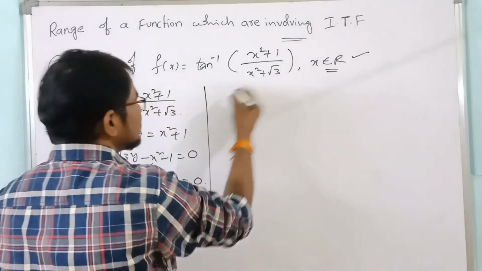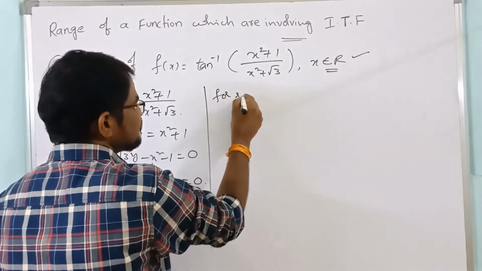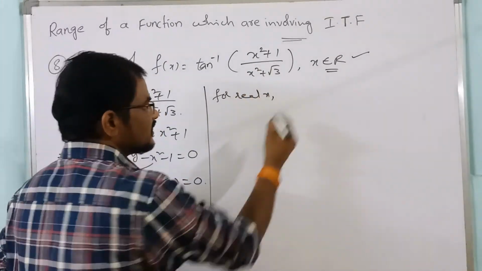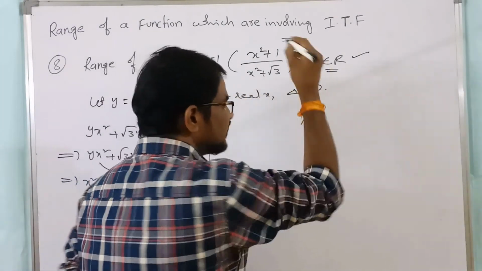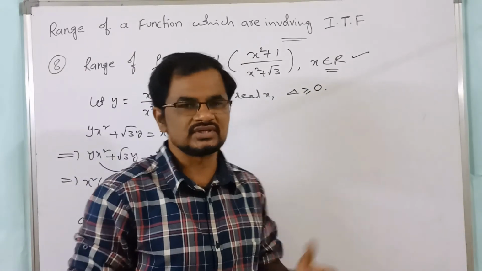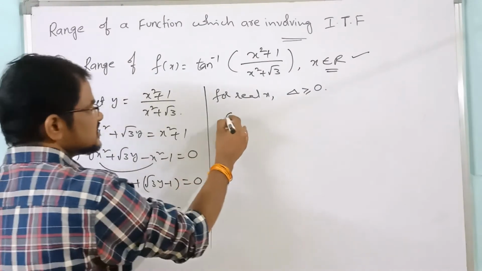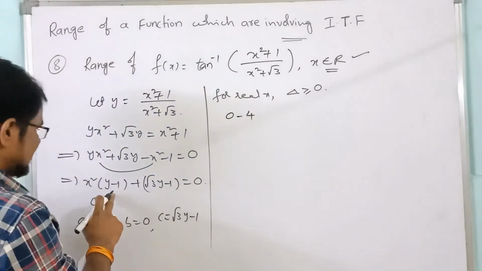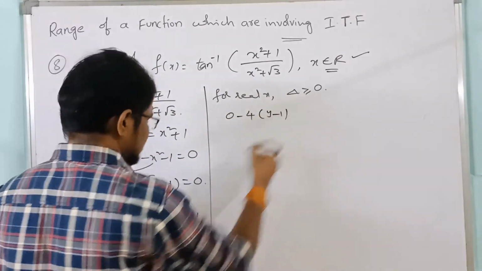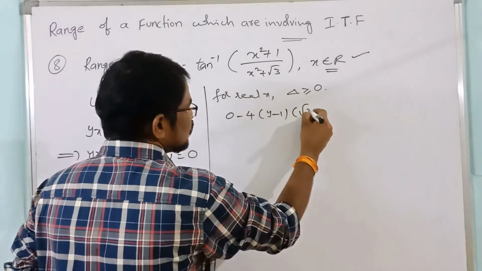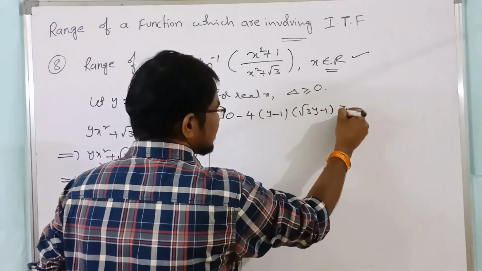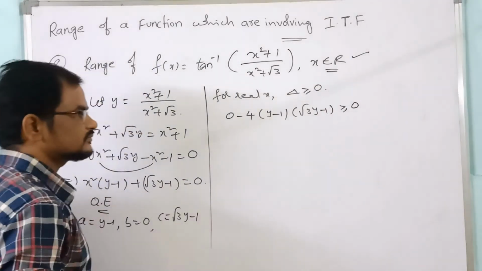Now here x belongs to real numbers, which means for real x, definitely the discriminant is greater than or equal to 0 for this quadratic equation. Now b square 0 minus 4, a is y minus 1, c is root 3 y minus 1, greater than or equal to 0.